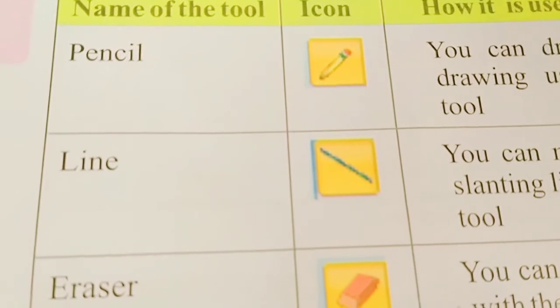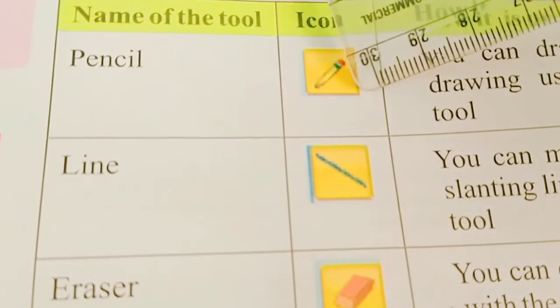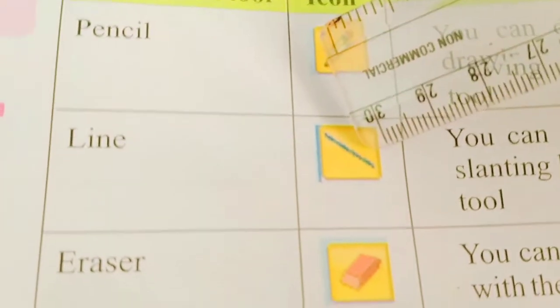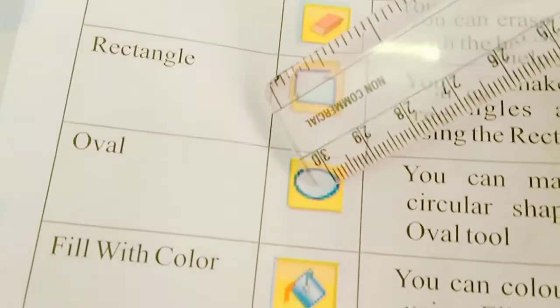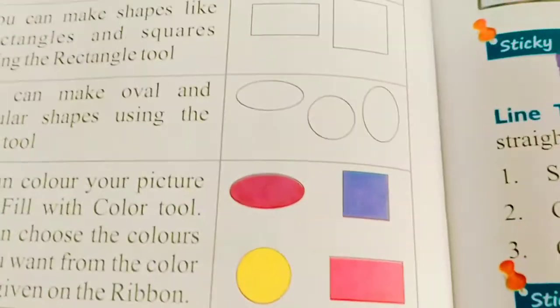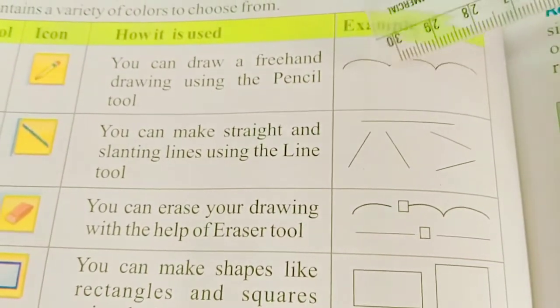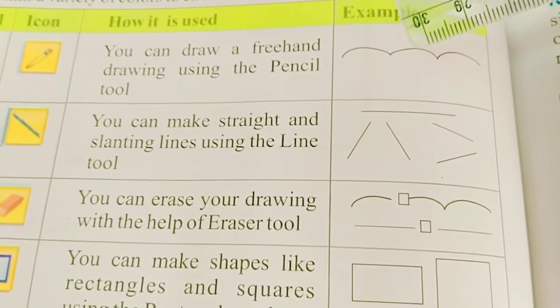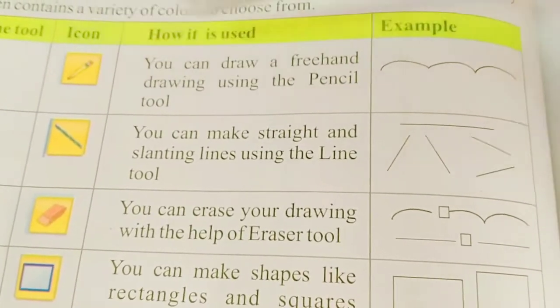Let's see some tools which are used for drawing. This is the pencil tool. This is line, eraser, rectangle, oval, fill with color. You can observe an example here.